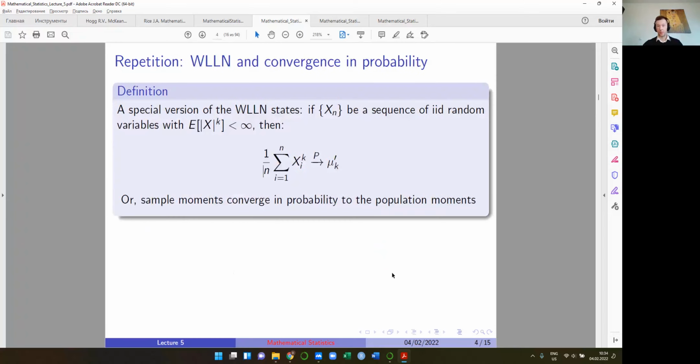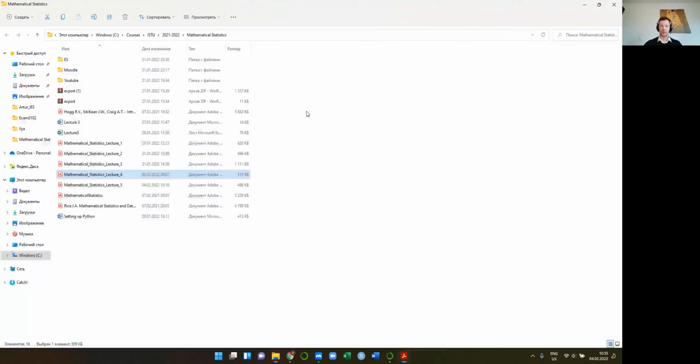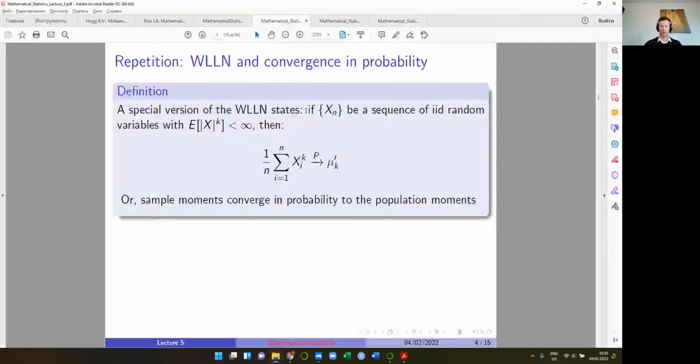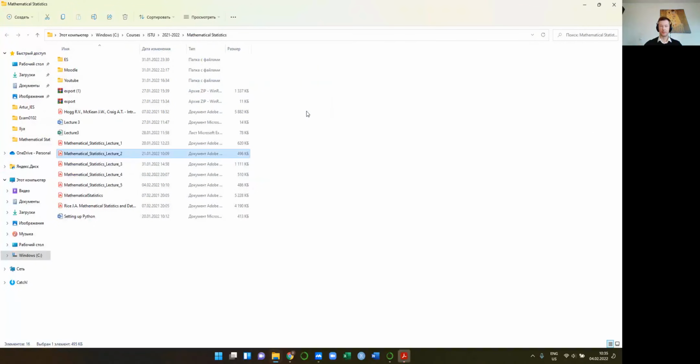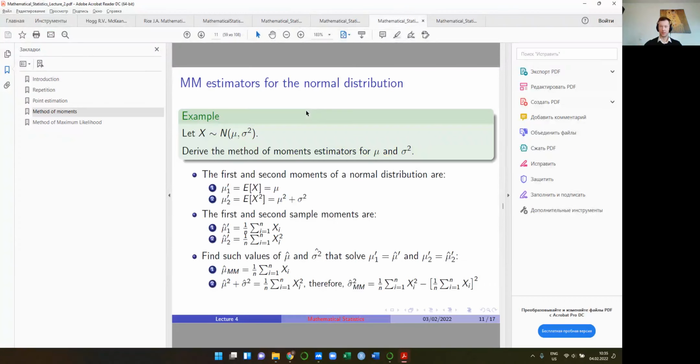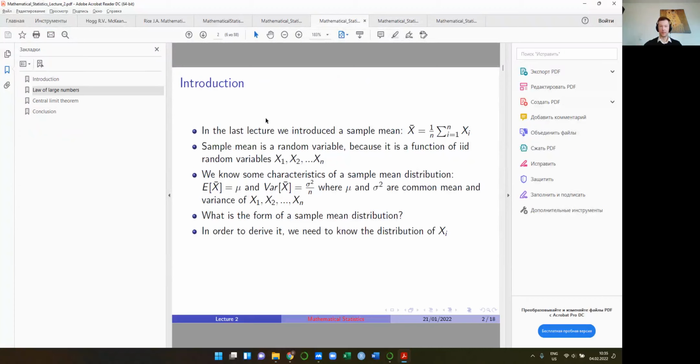One additional thing that we need to remember, and this is something new, but the logic must be familiar. In lecture number 2, we established the weak law of large numbers. There is a special version of this weak law of large numbers. What was the weak law of large numbers originally? It was here.